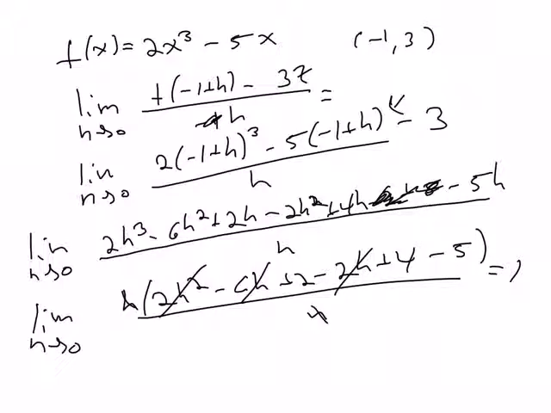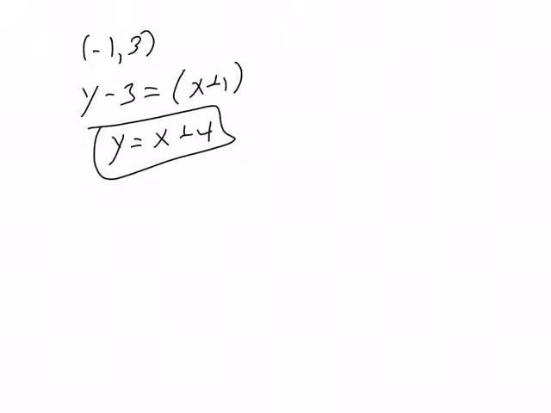So the slope m is equal to 1. Now, we have the point negative 1, 3. So to find the tangent line, we have y minus 3 is equal to x plus 1, or y is equal to x plus 4. That is our tangent line, and we're done.